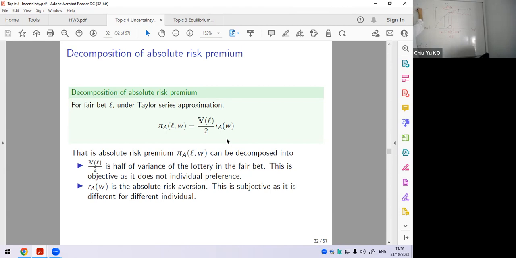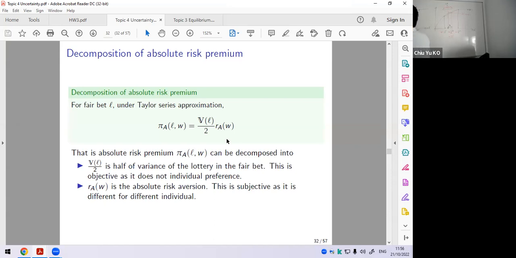And you have this, right? Your expected value is here, and go to here. This is your CE, and this is your risk premium, right?